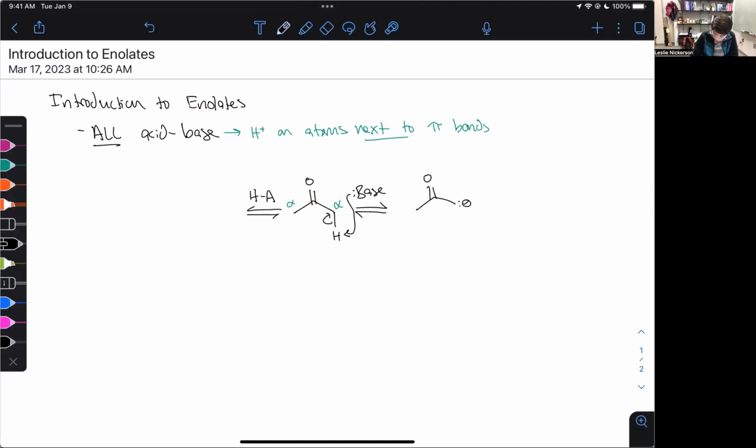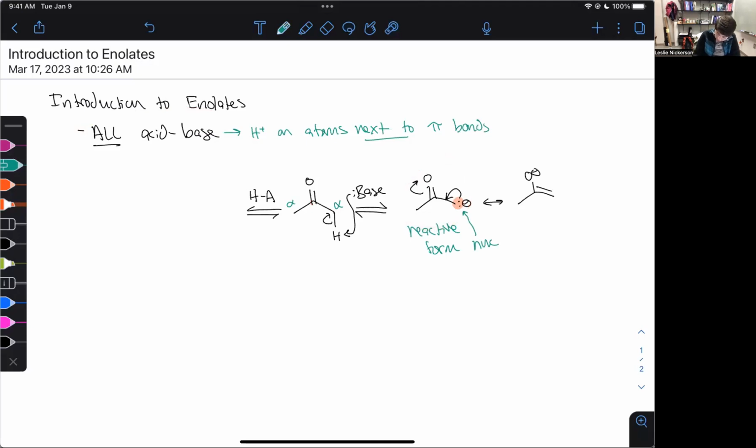And we do want to keep in mind that the reason that that's so acidic is because we have this resonance structure where we are able to delocalize that negative charge onto the oxygen, which is a much more electronegative atom. So this is kind of going to be the reactive form. Okay, so if we're trying to draw a reaction, oftentimes this one is a lot easier to follow along because this nucleophilic carbon right here is the thing that we're interested in.